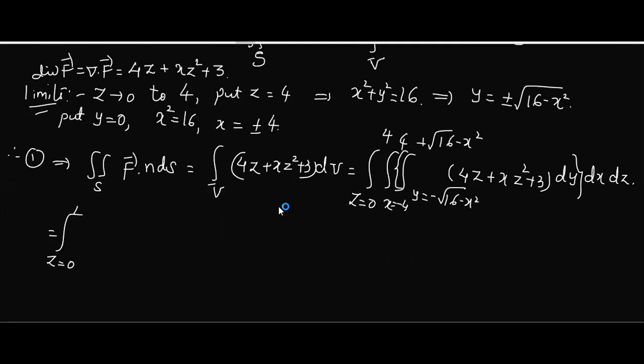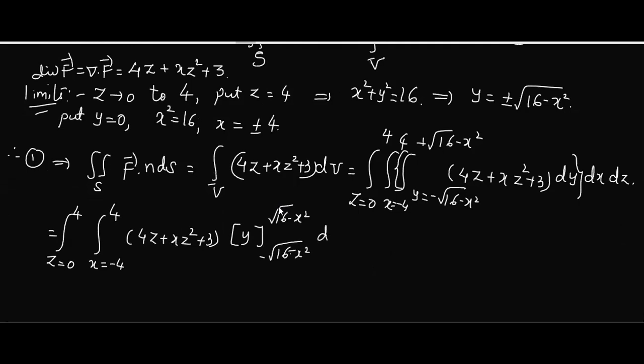Can you find any y in the bracket? There is no y, so the whole bracket is constant. I'll take that as it is, and the remaining is 1. The integration of 1 with respect to y is y. What are the limits? Again minus to plus, then dx dz.